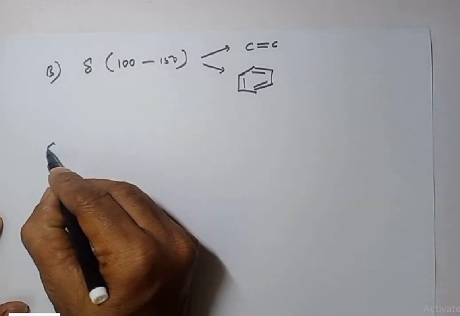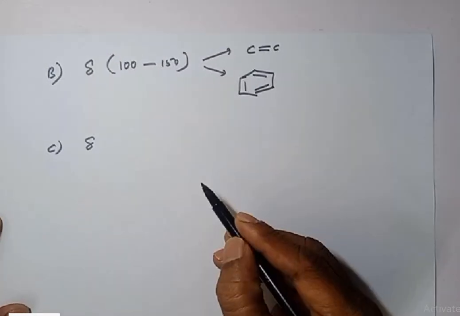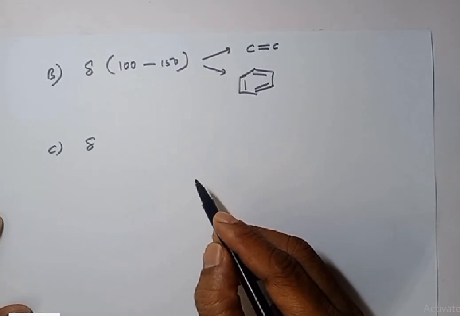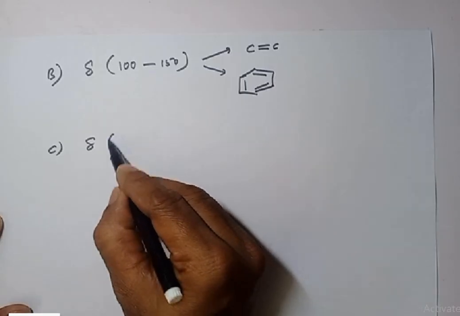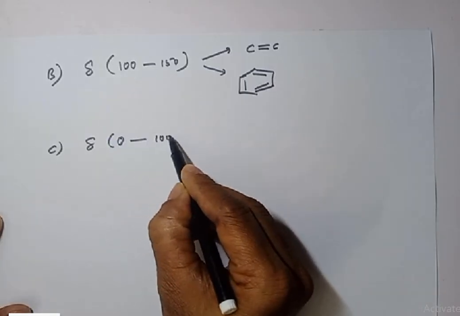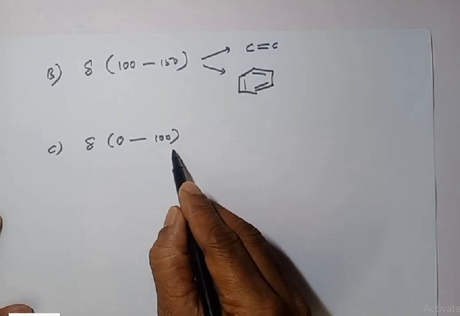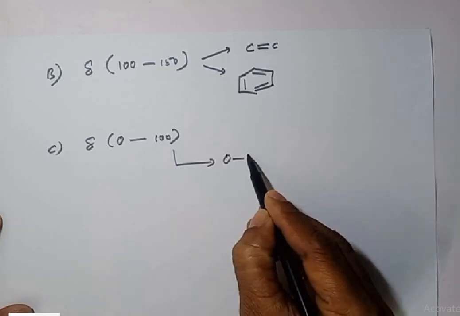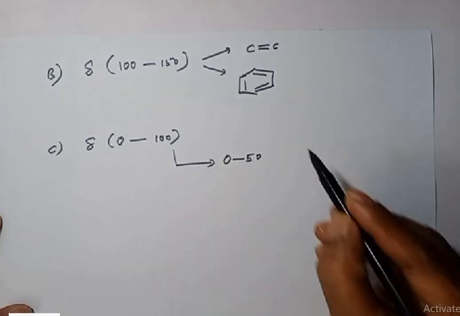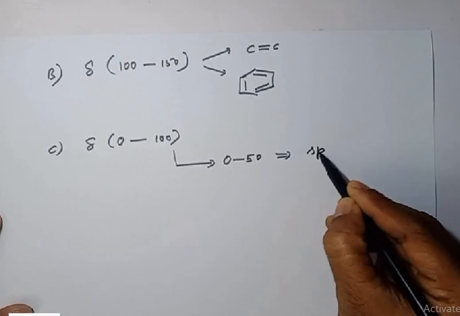Then the next one, the chemical shift value from 0 to 100. This is very important. From 0 to 50 ppm, usually sp3 carbon exists.